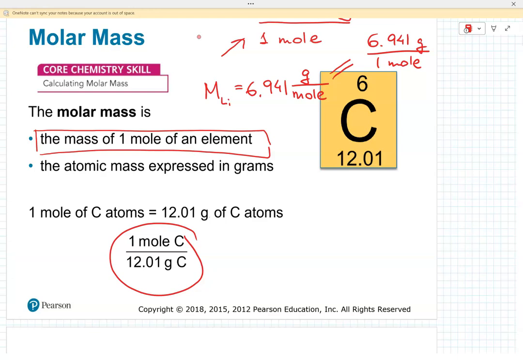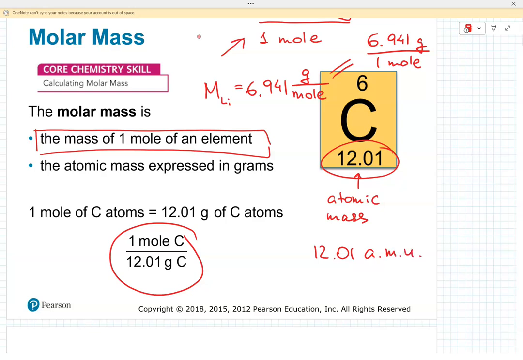When you look at the periodic table and you see 12.01, this is the atomic mass or mass number. And if I ask you, what does that mean? It means that 1 atom of carbon weighs 12.01 atomic mass units.